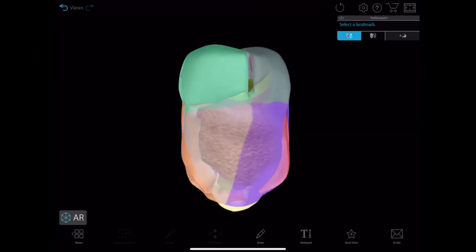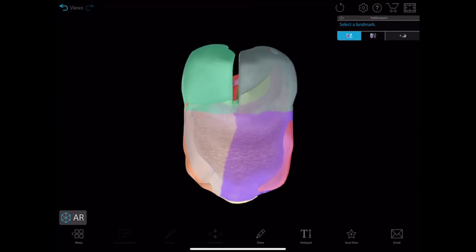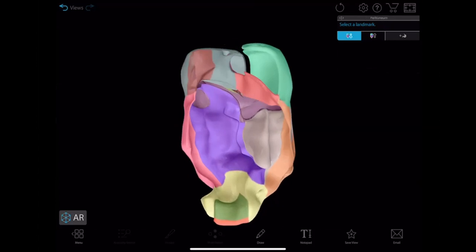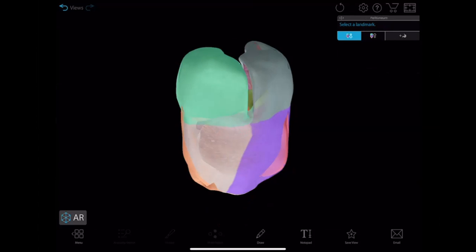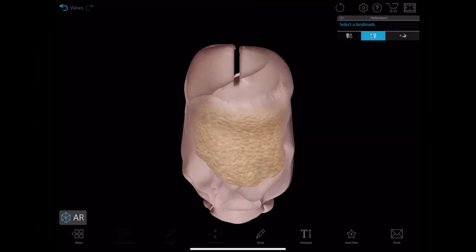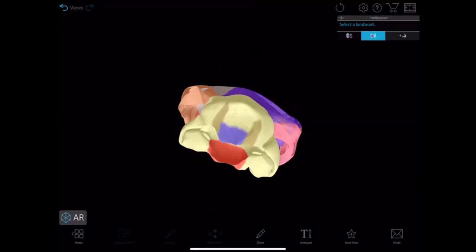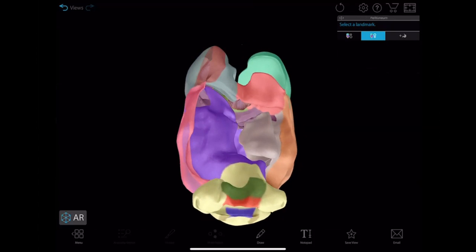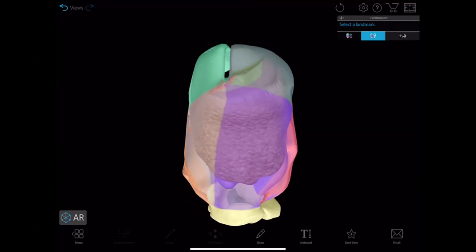You see, this is a peritoneum, and this one is peritoneum, right?